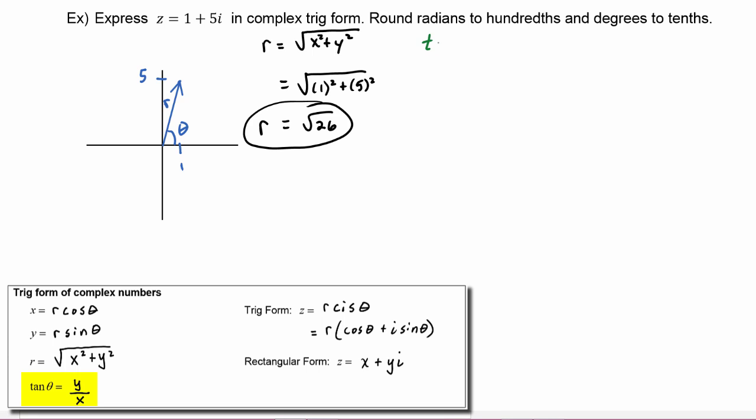Tangent of theta is y over x. So that's going to be 5 divided by 1, which is equal to 5. Now if we take the tangent inverse of both sides, we have tangent inverse of tangent theta is going to equal the tangent inverse of 5.